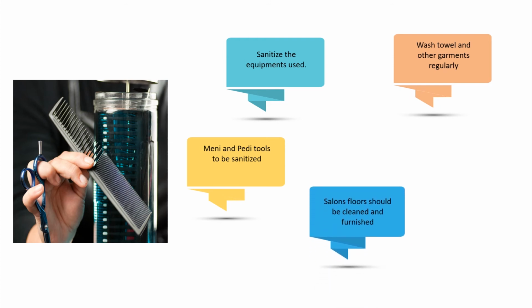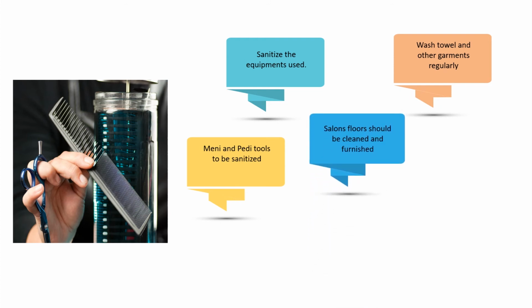Then, the salon floors should be clean and furnished. If they are furnished, it gives a good look to your parlor and salon. And cleanliness obviously tells that it's a good place to visit and protects the client from any kind of disease.